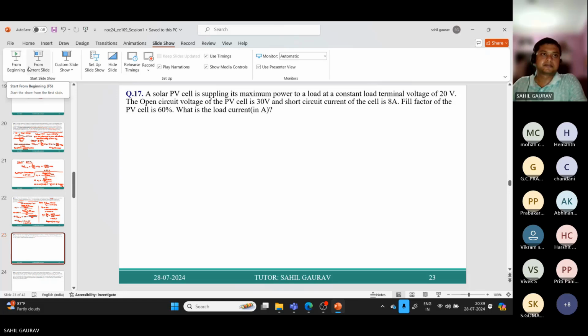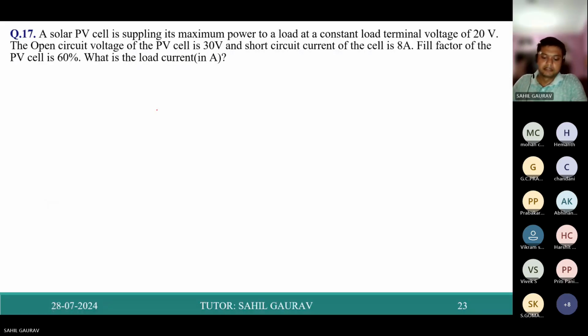So here we have to find the load current. All the data are given. We know that fill factor is expressed as VMP into IMP upon VOC into ISC.